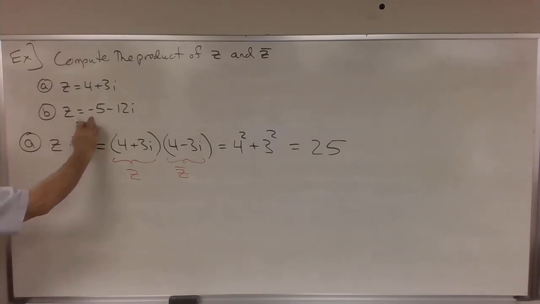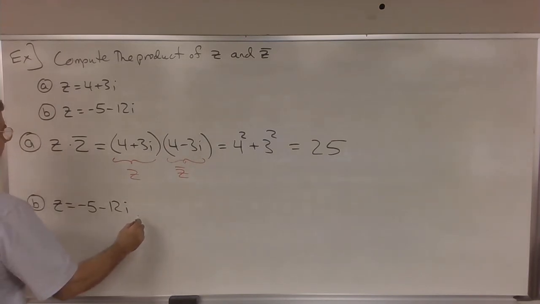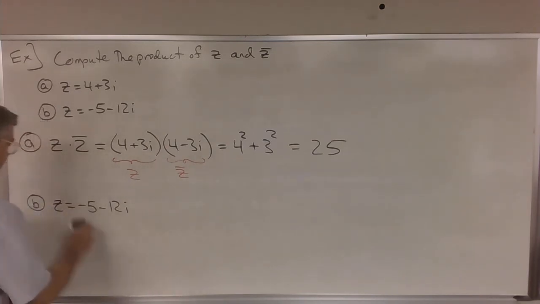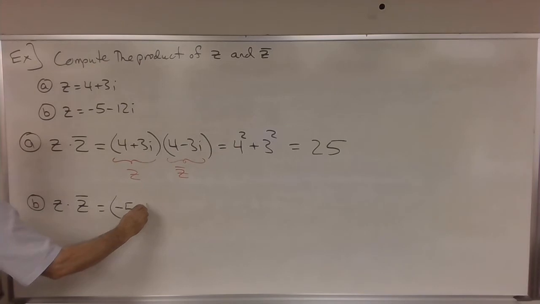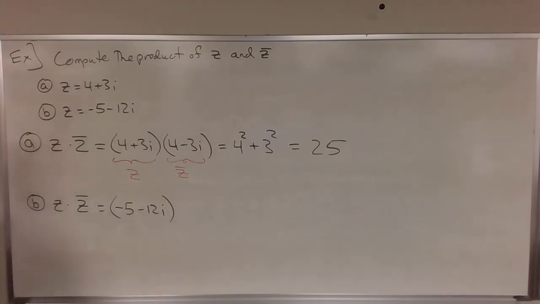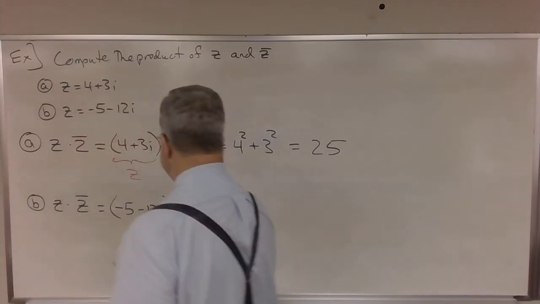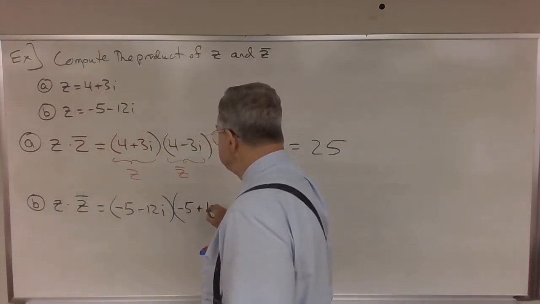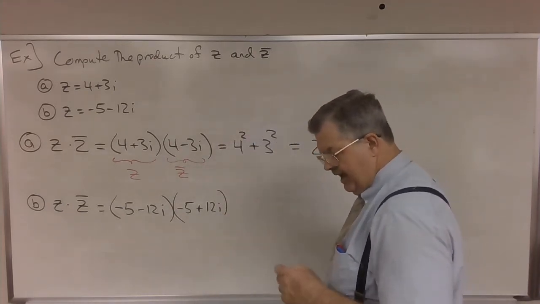Okay, z equals -5 minus 12i. So we multiply z by z conjugate, we get -5 minus 12i, and -5 plus 12i, but we change the sign of the imaginary term.